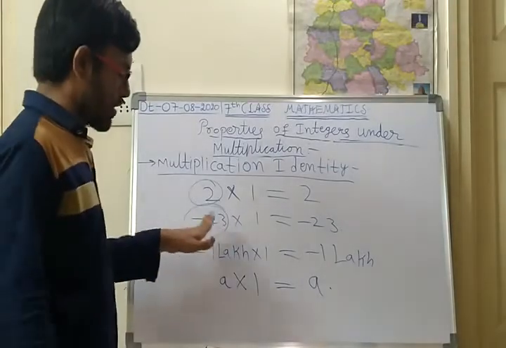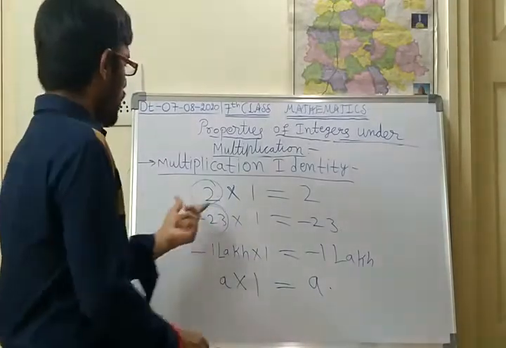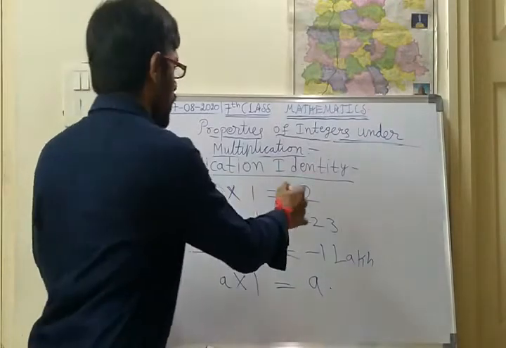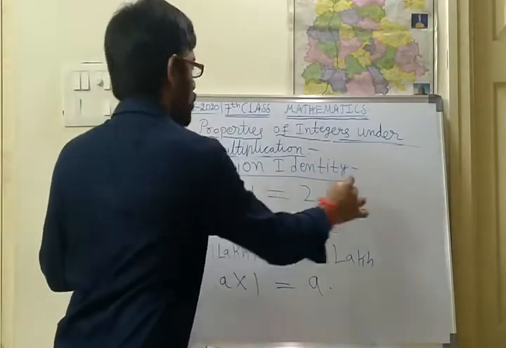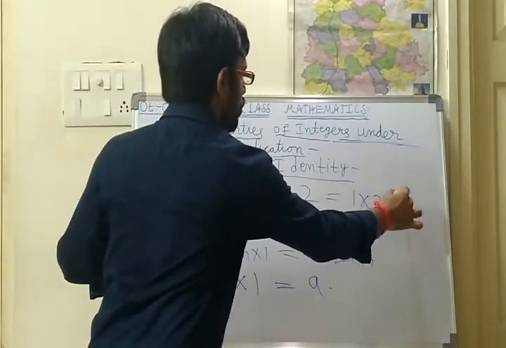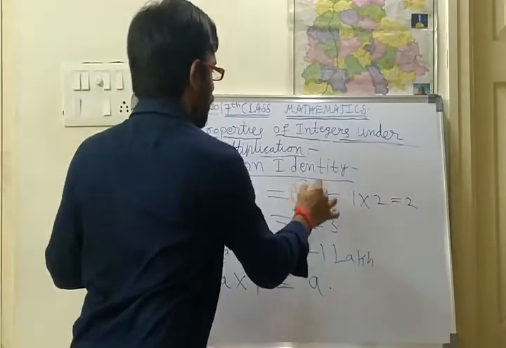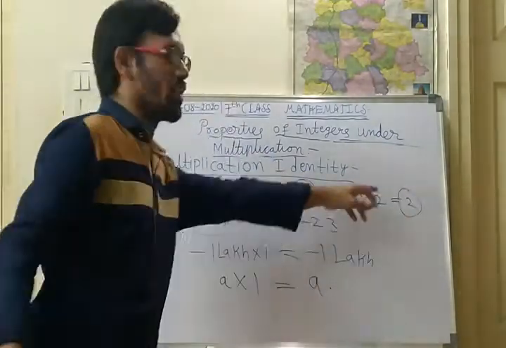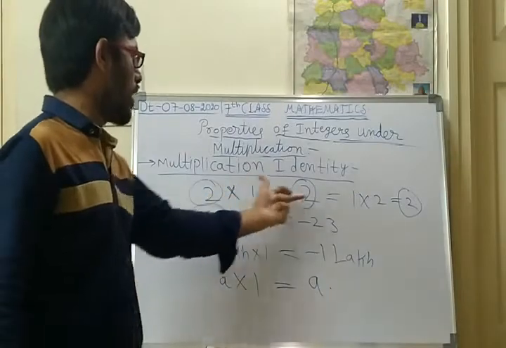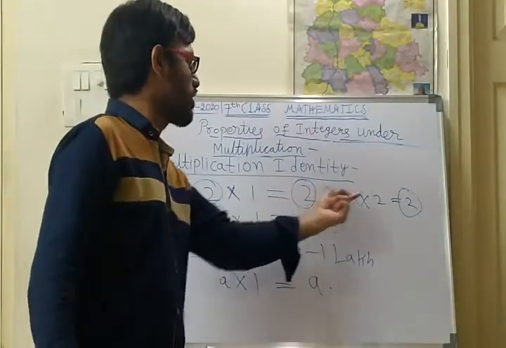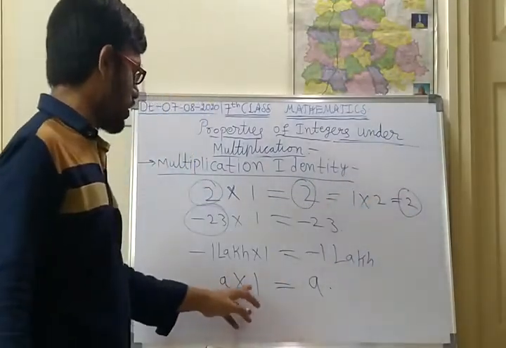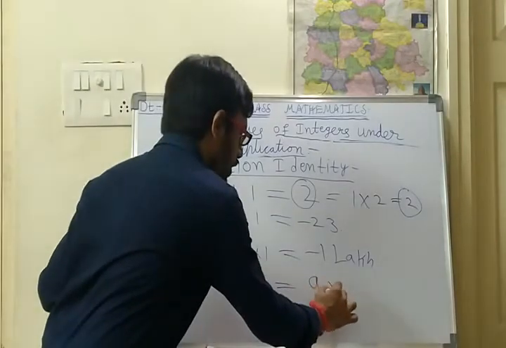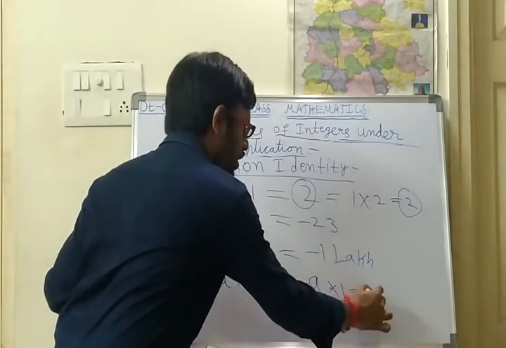Okay, I think you have understood. So here 2 into 1 is 2. If you reverse, what will happen? 1 into 2 is also 2 only. So both the results are same. So 2 into 1 is equal to 1 into 2, which is 2 only. So 1 into a is equal to a into 1 is equal to a only.